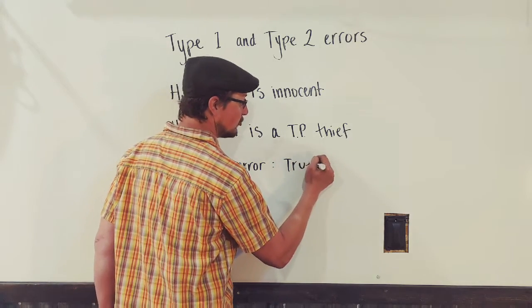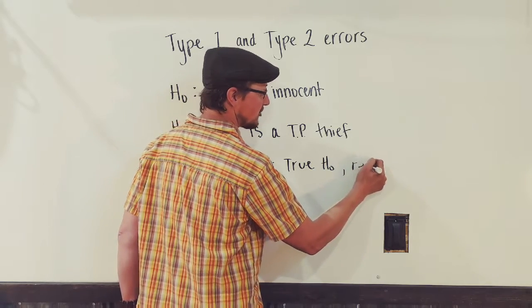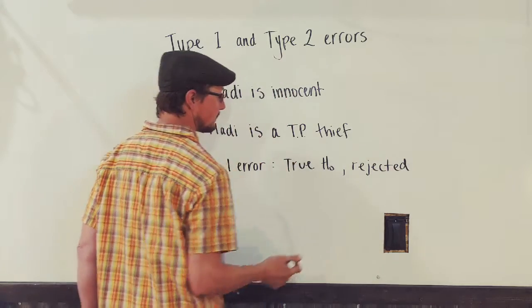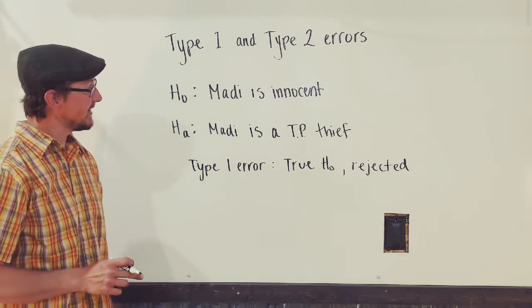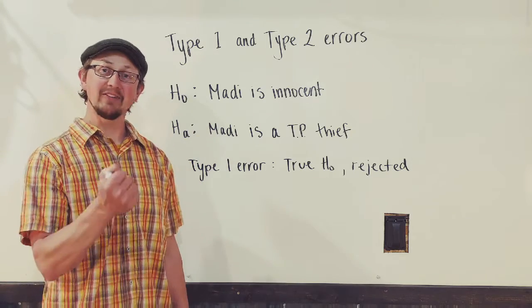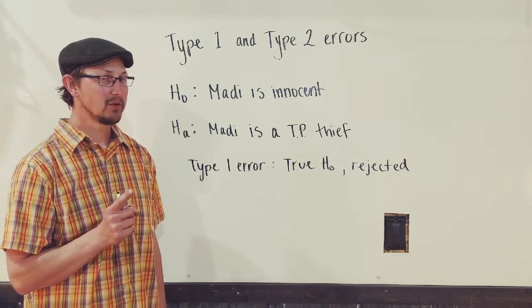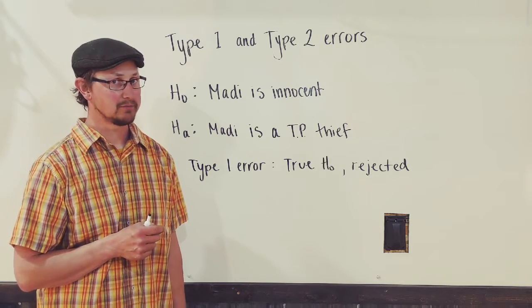It's a true null hypothesis, but we reject it. So a type 1 error in this situation is that indeed Maddie is innocent. She hasn't been stealing toilet paper, but she's proven guilty and goes to jail for her crimes.